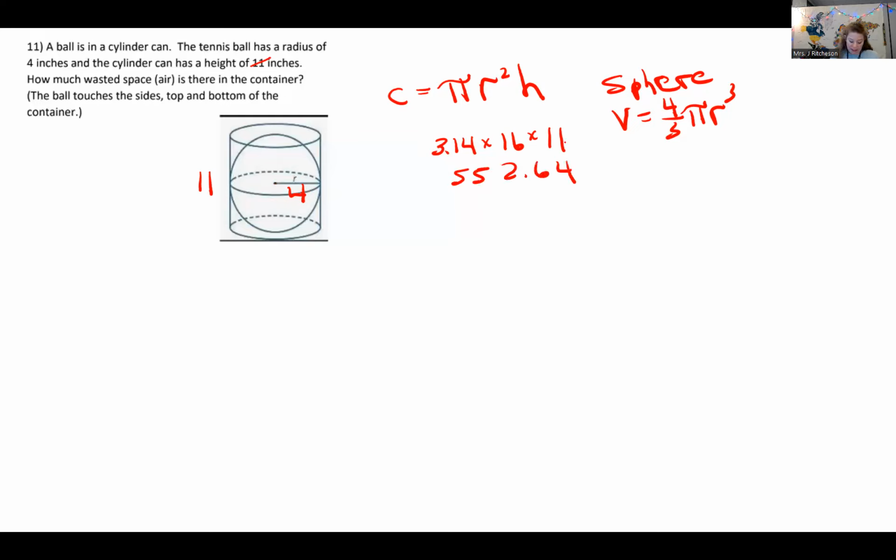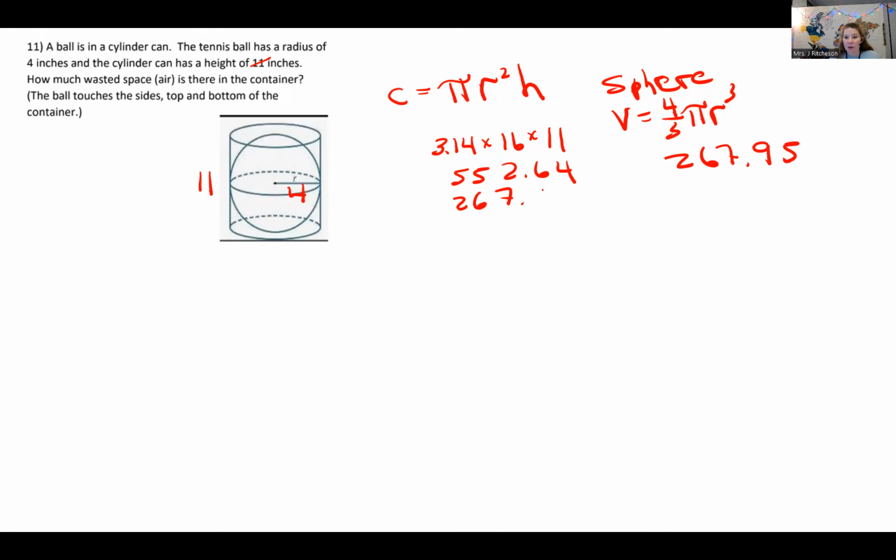And then our sphere is 4/3 times 3.14 times 4 cubed. So that one, I got 267.95.